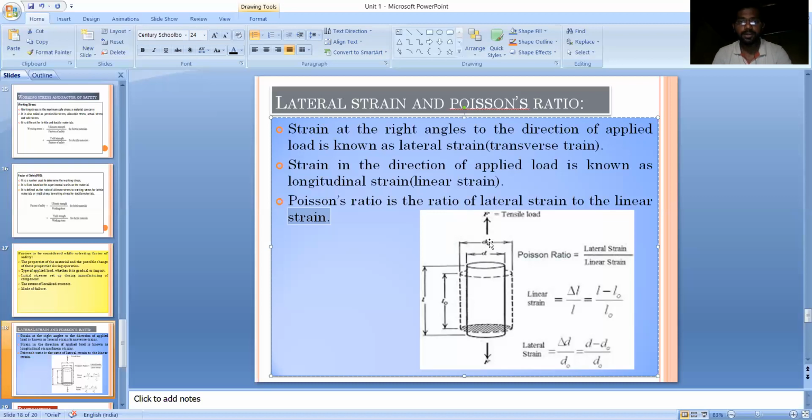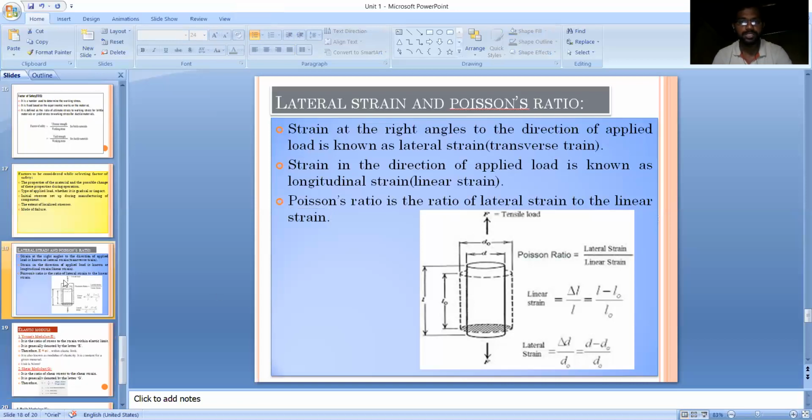And the strain which is parallel to the applied load is known as longitudinal strain, or the ratio of the change in the dimension parallel to the applied load to the original dimension parallel to the applied load is known as linear strain. Combining these two we have Poisson's ratio. So Poisson's ratio is the ratio of lateral strain to the linear strain. So this is regarding lateral strain and Poisson's ratio.